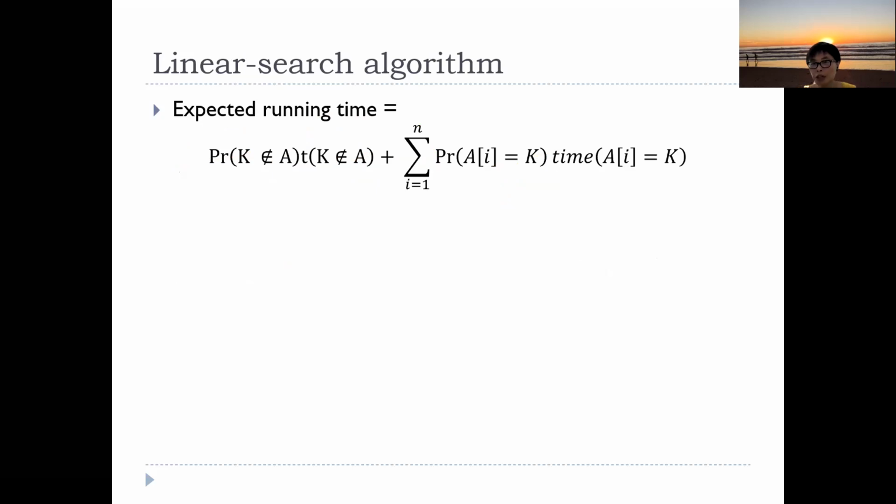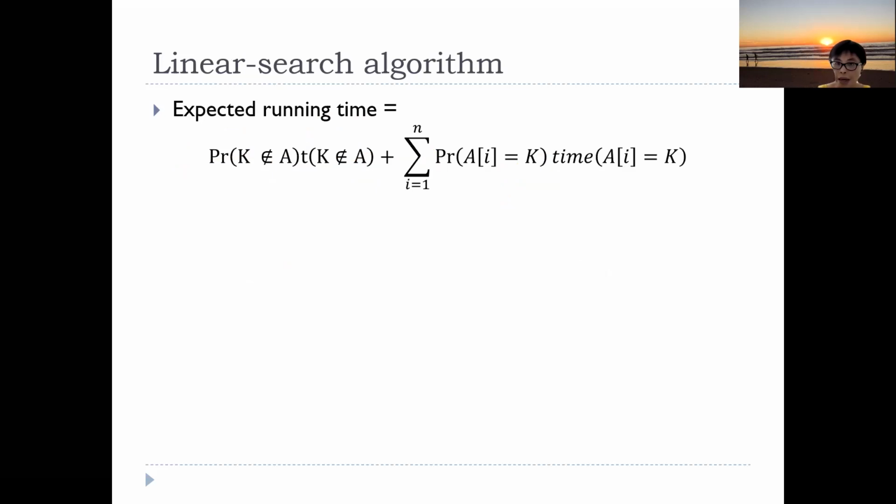So here is one way of doing it for the linear search algorithm. Our input is the key k and the array A. How many different types of inputs can we have?